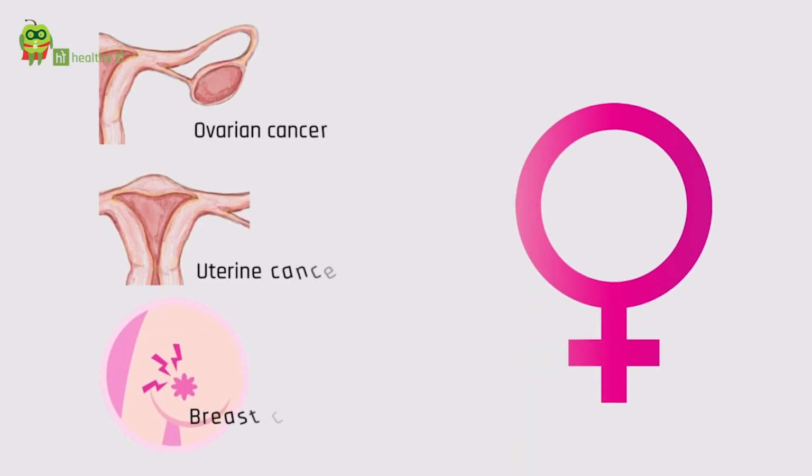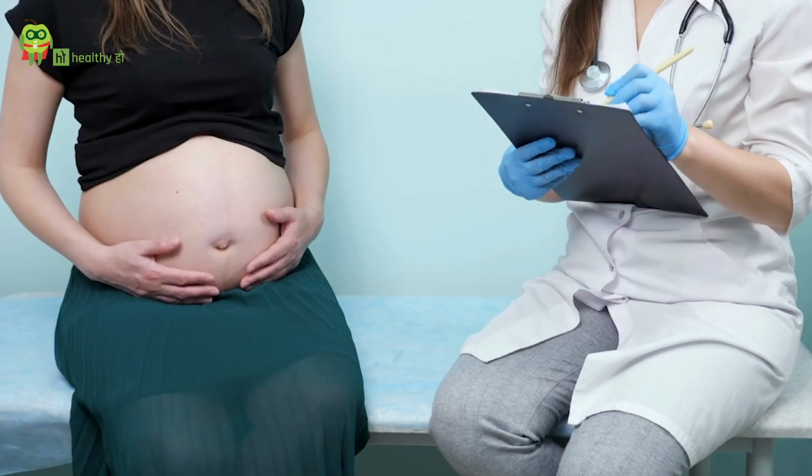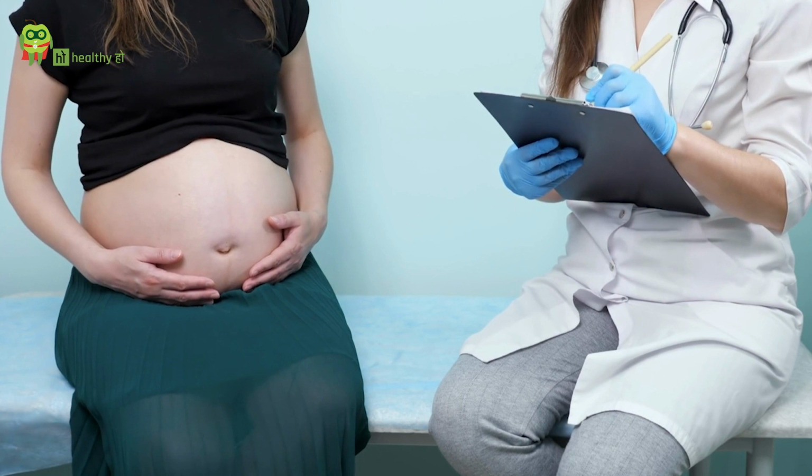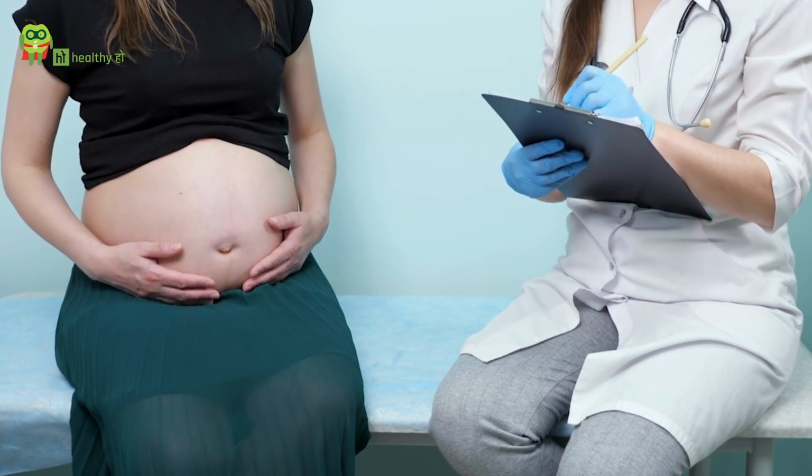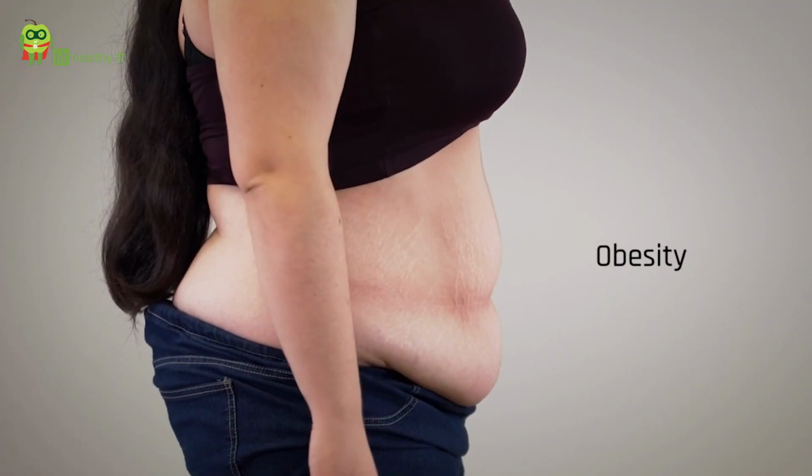So family history of having ovarian cancer, uterine cancer or breast cancer is a risk factor. Having a child at an age later than 30 years is a risk factor. And lifestyle, that means obesity.